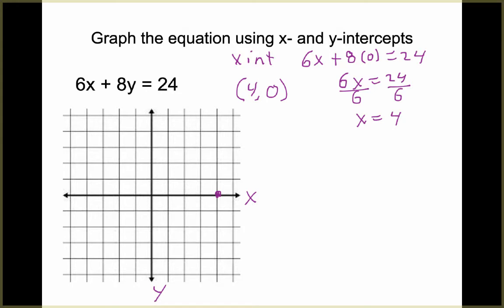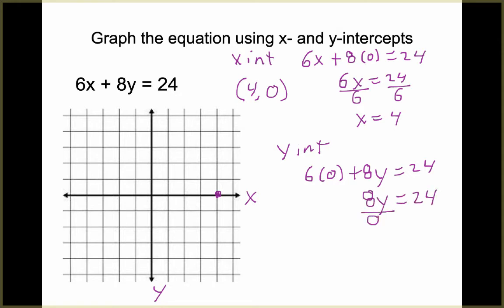The next thing we do is we want to find our y-intercept. To do the y-intercept, we make x go to 0. We get 6 times 0 plus 8y equals 24. 6 times 0 is 0, so we're left with 8y equals 24. We divide by 8, and we get that y is 3.